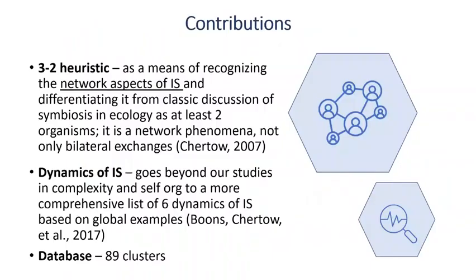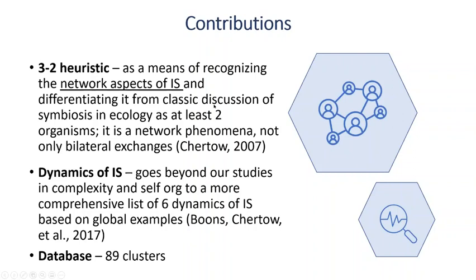All right, I'm going to just talk about the last few categories. These are our contributions. I put in here the dynamics of industrial symbiosis. We've already talked about that. These dynamics such as self-organization and top-down government ownership and so forth. So what I just want to say briefly is that we think of these industrial symbiosis clusters as networks.